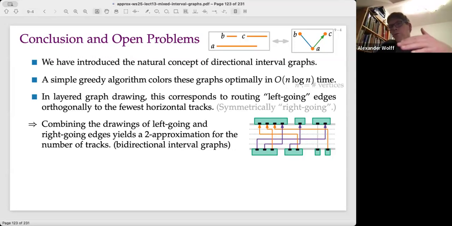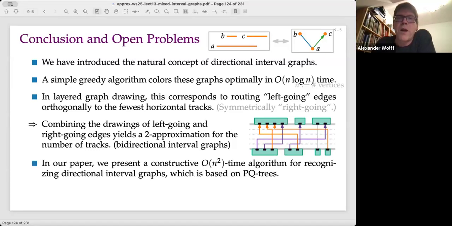So you first solve one of them, put all the middle pieces on the bottom tracks, and then you solve the other direction and put the middle pieces on top of those. That's a two approximation for the number of tracks.